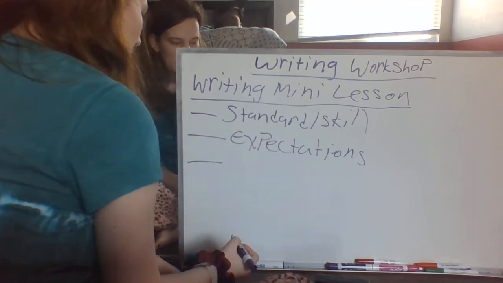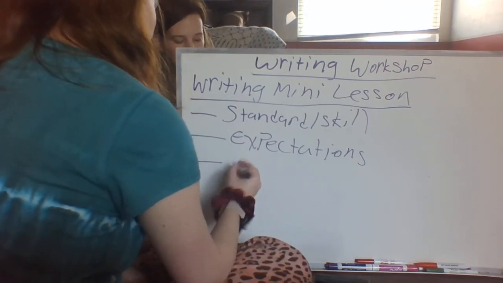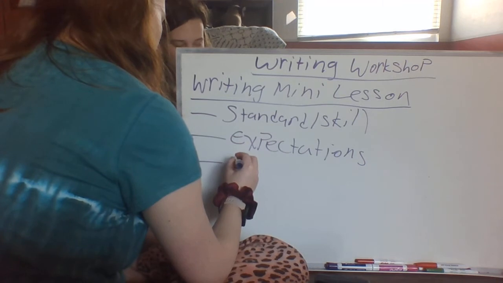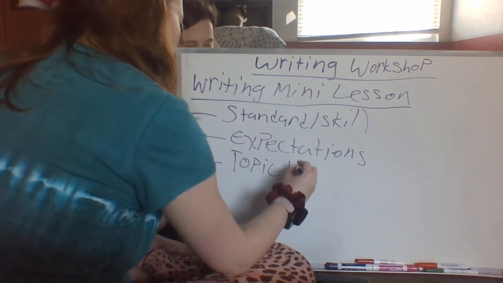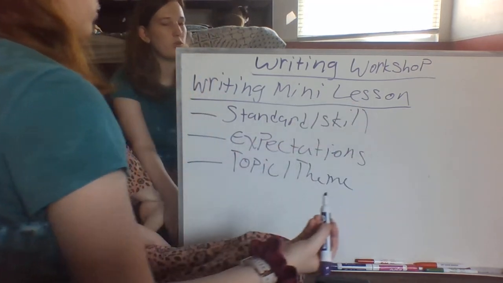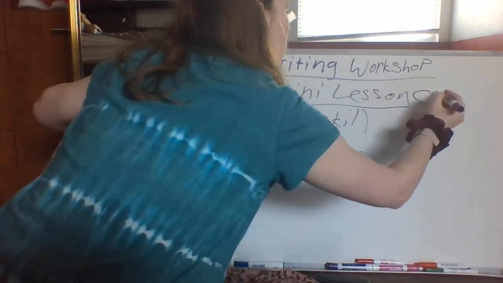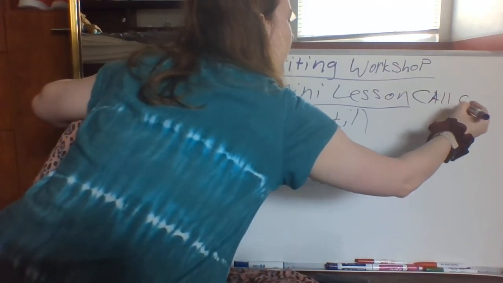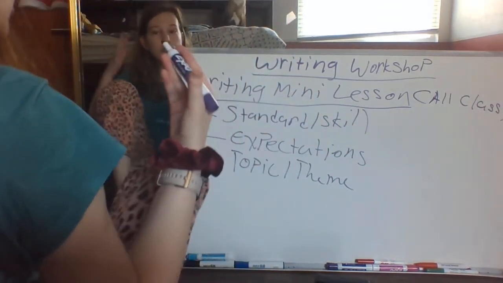Then the next thing I'll probably be doing with my students is we're going to pick a topic together. So, topic or theme, because mini lessons are all about collaborating with your students. So this is an all-class thing, and the students aren't really writing anything yet. They're watching you.